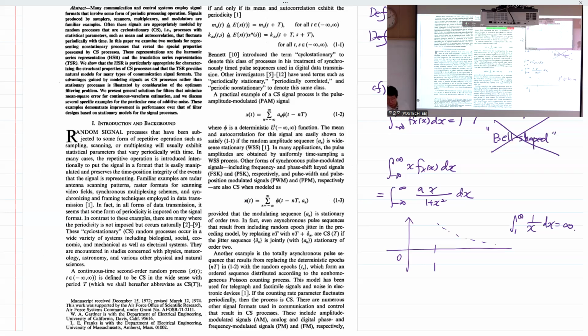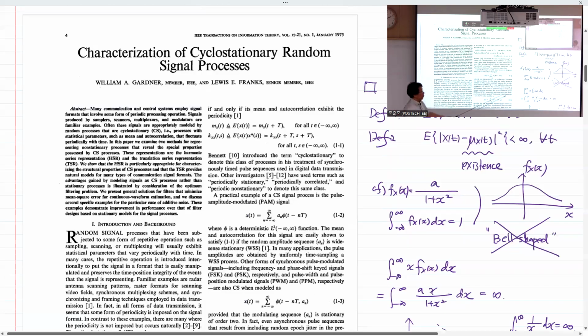So this is actually infinity. It means you don't have a well-defined mean value, even though this probability density function of the Cauchy random variable has exact symmetry at x equals 0.